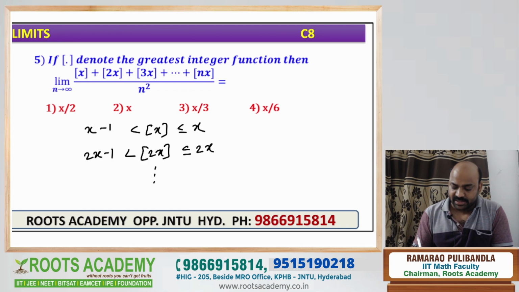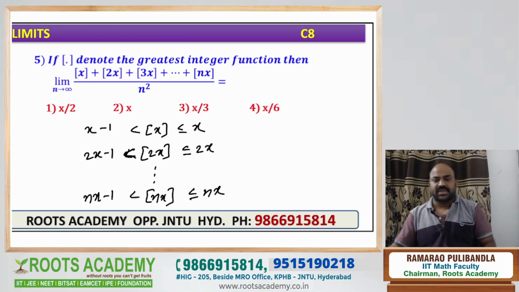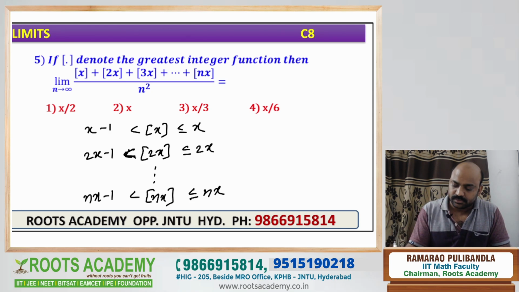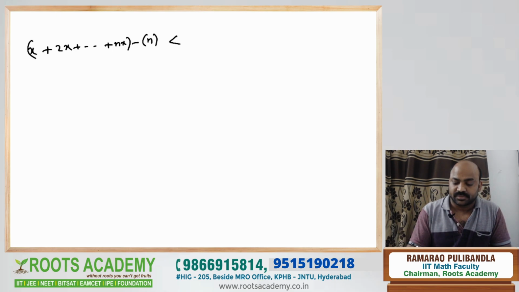Like that, when I write, step of nx is less than or equal to nx. Can you add all this to get our function? So when I add all this, I am getting like this. Minus 1 minus 1, 1 plus 1 means n. Students, are you able to follow me now?